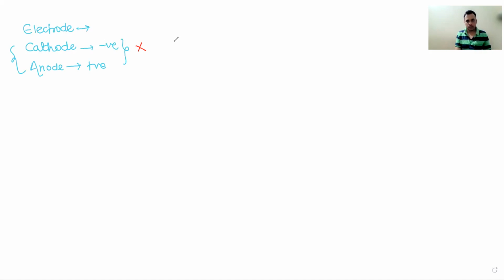Whenever we name an electrode as the cathode, reduction occurs there. Reduction means gain of electrons.